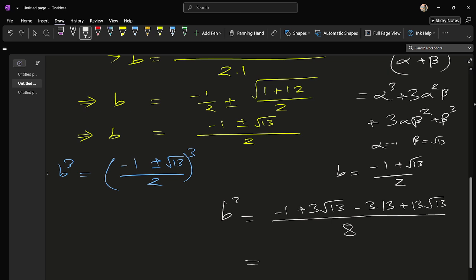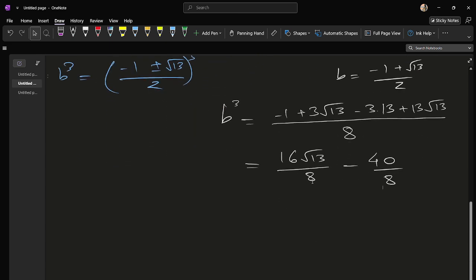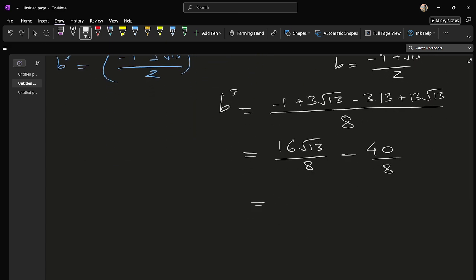So this will be 13 plus 3, that will be 16 root 13 by 8, minus, that will be 39 minus 1, so that will be 40 by 8. Okay, so that will be 2 root 13 minus 5.